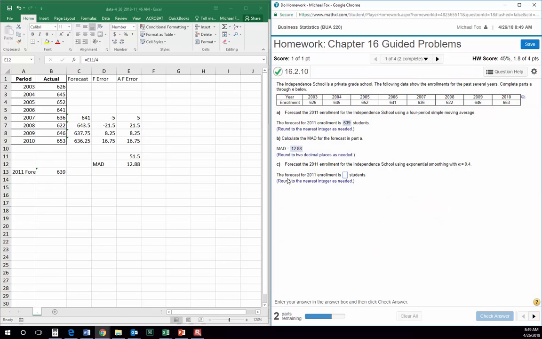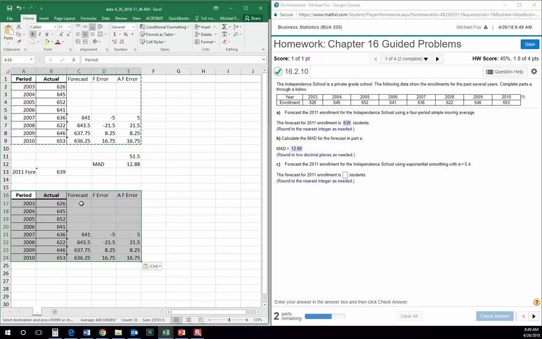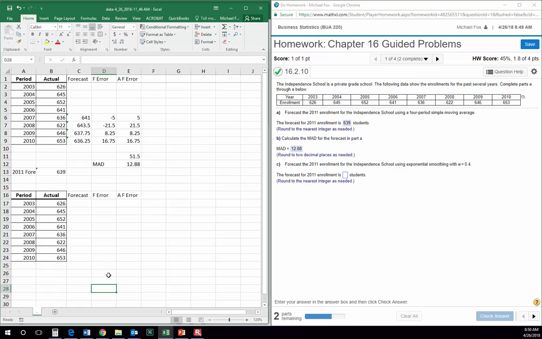Then it wants us to forecast the enrollments using exponential smoothing, which is a little bit different, but it's going to use this same table. The data will be different. For the first year we don't have a forecast, so we assume the forecast is the same as the actual. That's the standard convention.